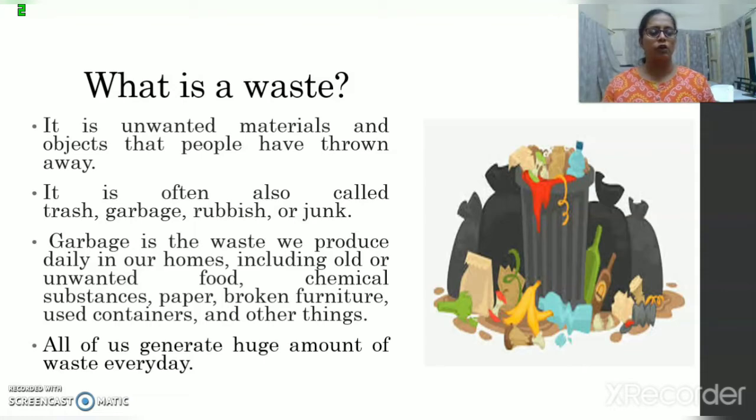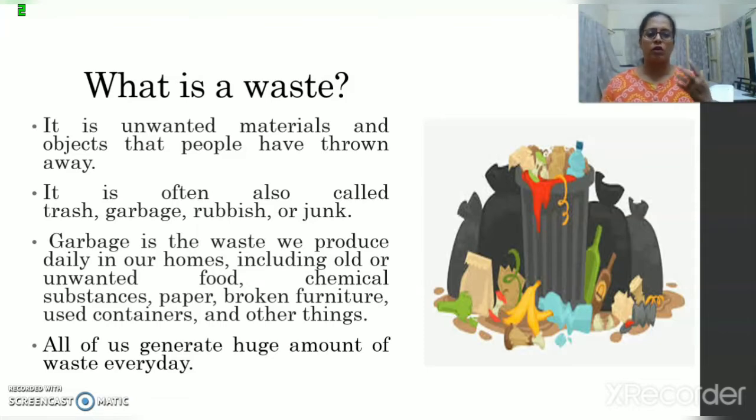That is what waste is. We often call it rubbish, garbage, trash, junk, etc. Garbage is the waste we produce daily in our homes, including old or unwanted food, chemical substances, paper, broken furniture, used containers and other things.